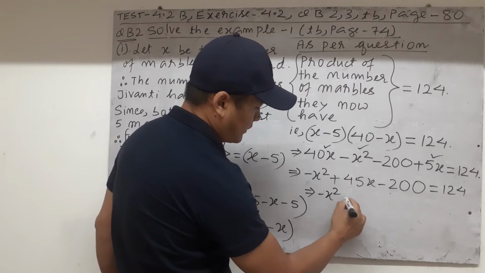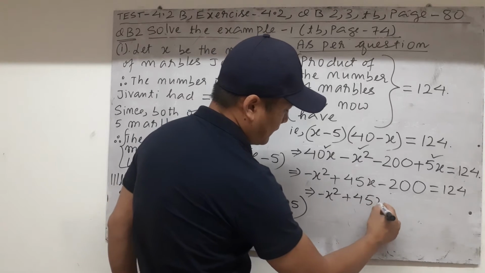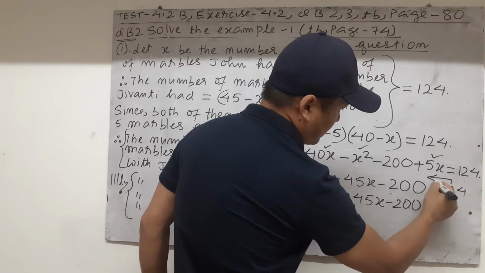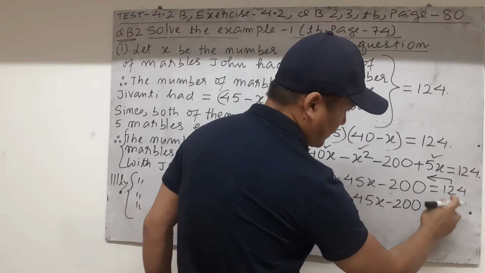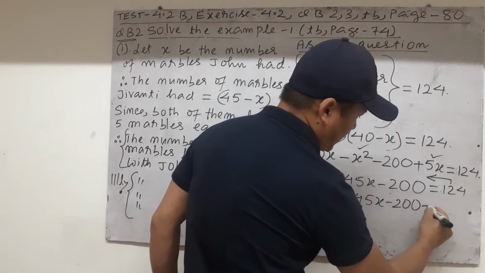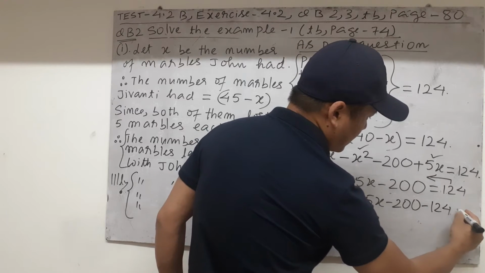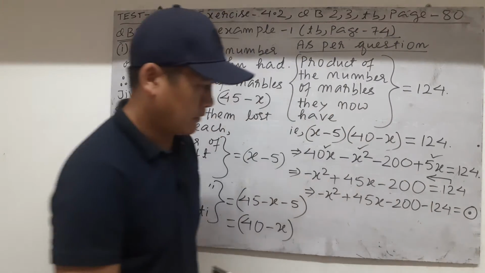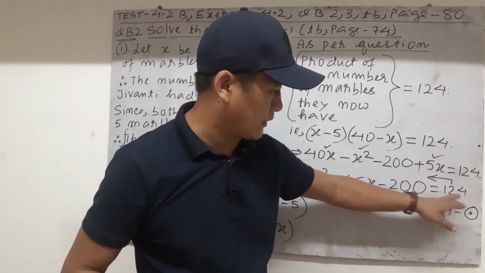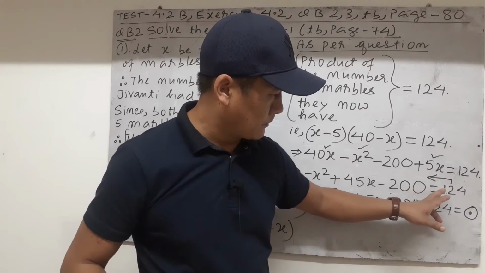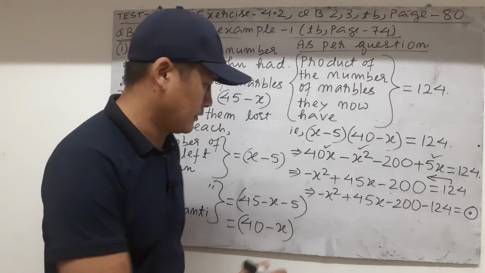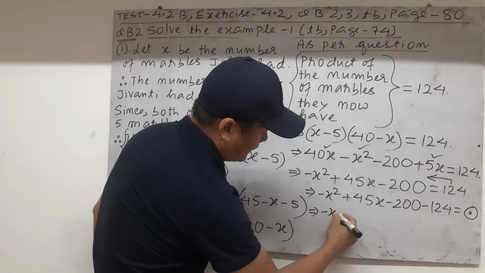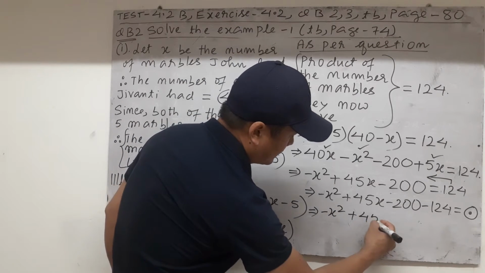Minus x squared plus 45x minus 200. If we shift this to the left side, then plus 124 will become minus 124, equal to nothing left, which means 0. Everything from the right side is taken to the left side and nothing is left on the right side, so the right side is 0. Now let us do this here. Minus x squared plus 45x, that's okay.